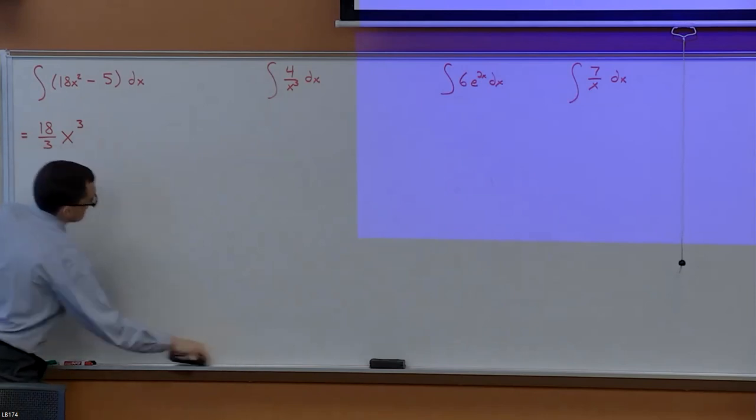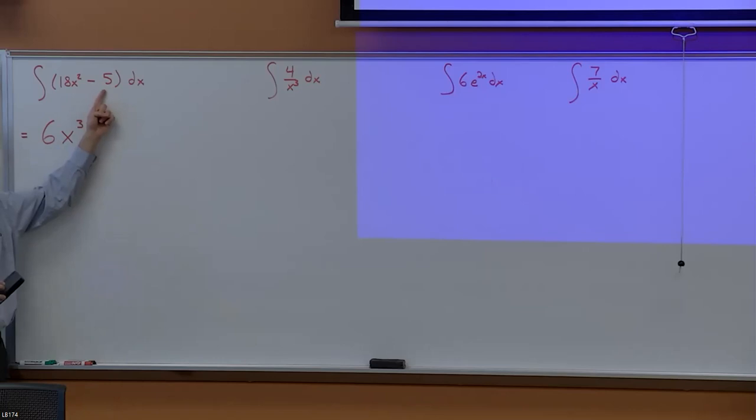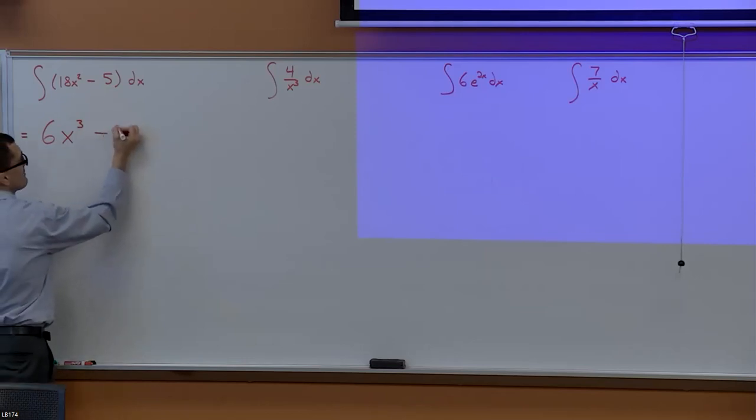When the 18 got divided by 3, you could have said that's just going to be a 6. 18 over 3 is 6. And this minus 5, my other term, what is that going to turn into? Negative 5x, good. Negative 5x.